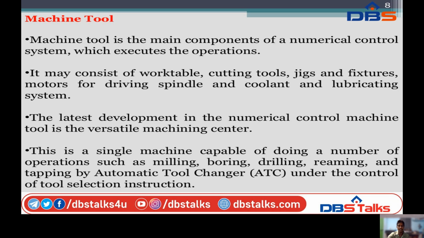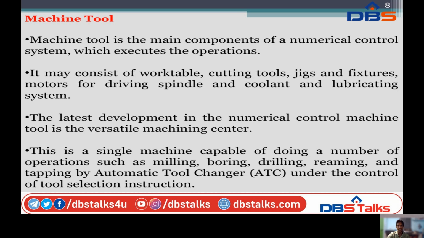Versatile means 360 degrees rotation of the chuck. The machining center is a single machine capable of doing a number of operations at a time, the same operations or different operations: milling, boring, drilling, reaming and tapping.